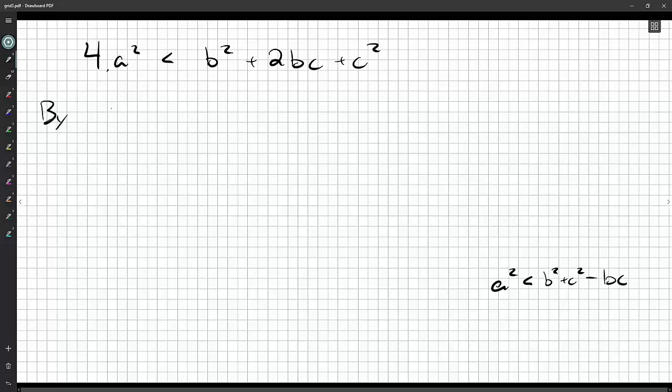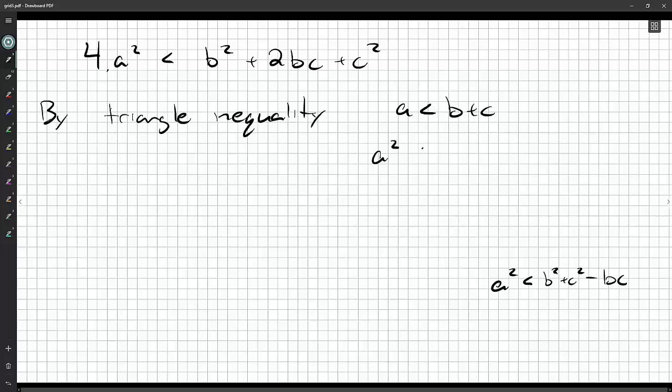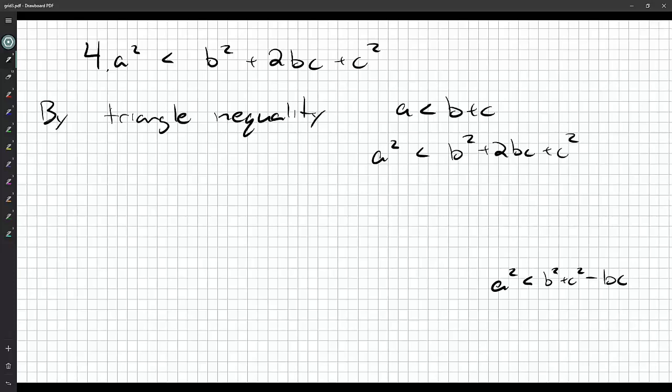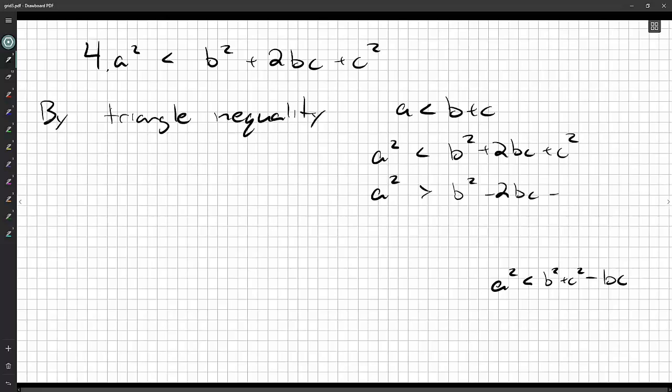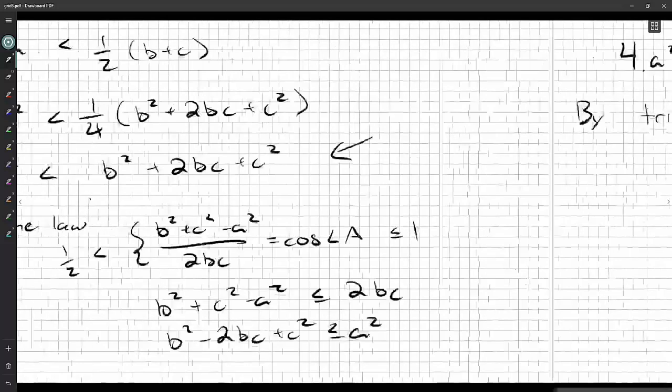By triangle inequality, a is less than b plus c, so a squared is less than b squared plus 2bc plus c squared. I knew that. That one was fine. But we also have a squared is greater than b squared minus 2bc plus c squared. That was the other observation.